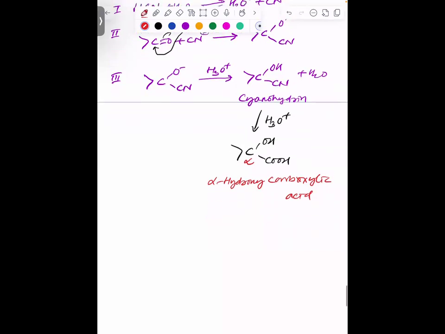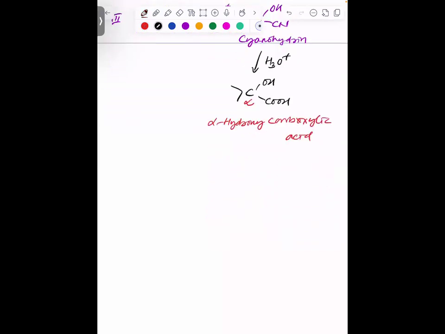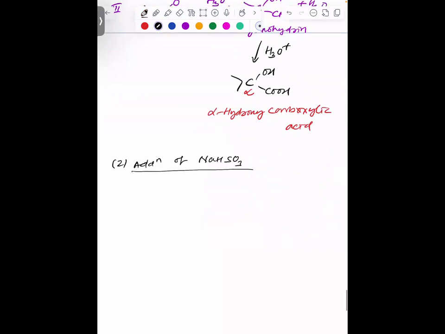Okay, so next is addition of sodium bisulfite. Addition of sodium bisulfite.